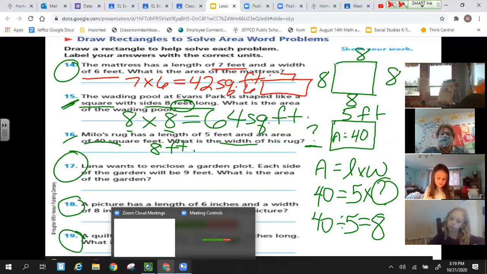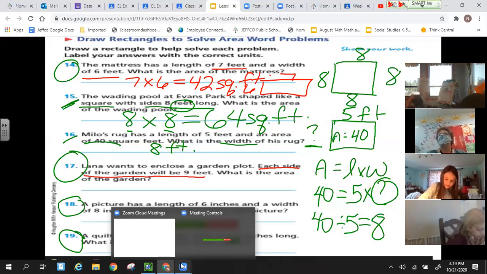So we already did the next two. Number 17, Lena wants to enclose a garden plot. This was tricky for some of us. It only gave us one number, but you had to look carefully. You had to visualize. Each side of the garden will be 9 feet.